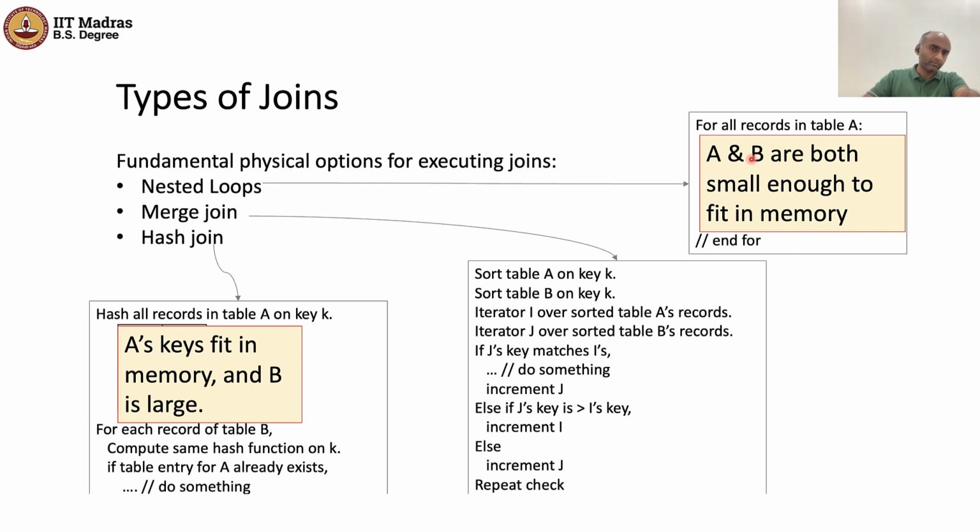So again, notice what I'm saying here. I'm not saying the entire table fits in memory. I'm saying that the set of keys which are actually present in table A, that unique set of keys, fits in memory.